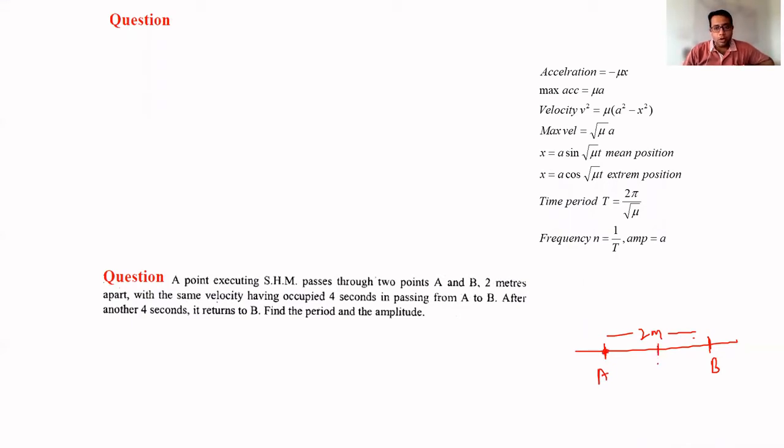That means the points are on opposite sides of O, the mean position, because the motion on both sides is the same, with the same velocity. So that means A and B are on either side of the mean position. We can assume it. Having occupied 4 seconds in passing from A to B, it takes 4 seconds to pass from A to B.